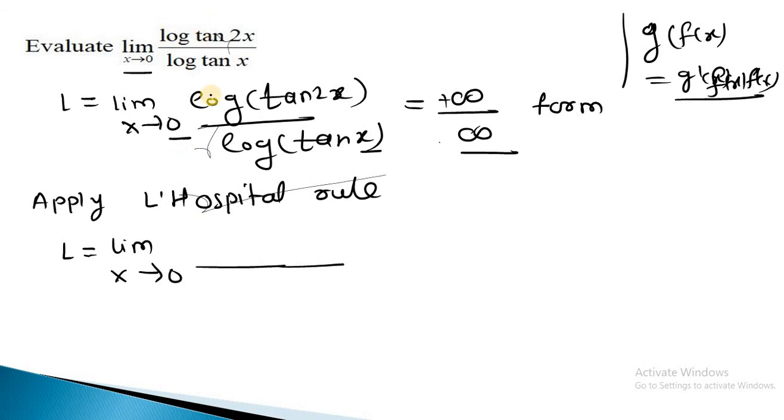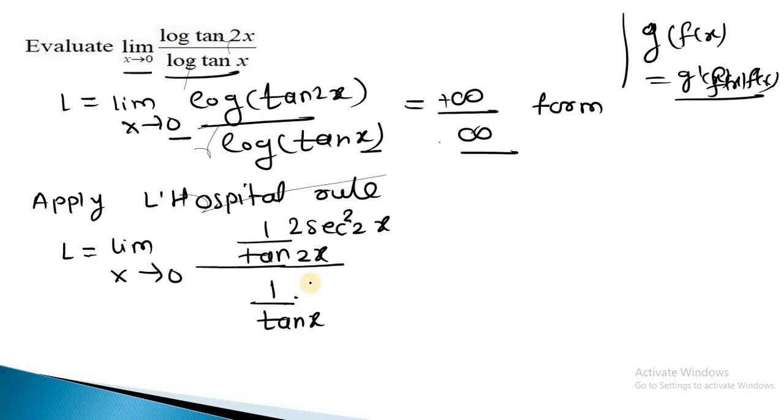So the derivative of log of f of x is 1 upon f of x, that is 1 upon tan 2x, and the derivative of tan 2x is 2 sec square 2x. This is my f dash of x. Now the derivative of the denominator, log of tan x, is 1 upon tan x into sec square x.